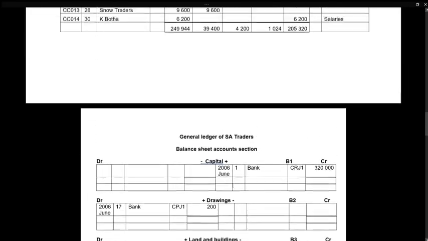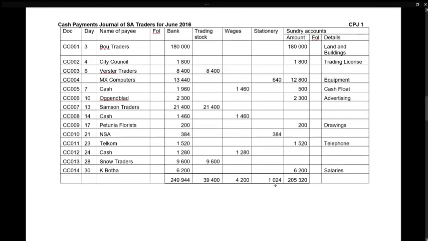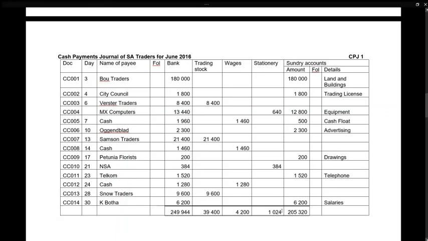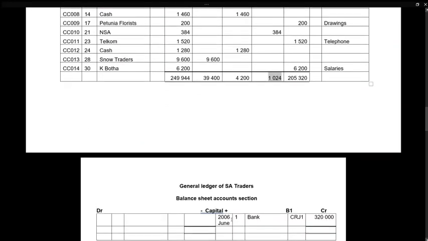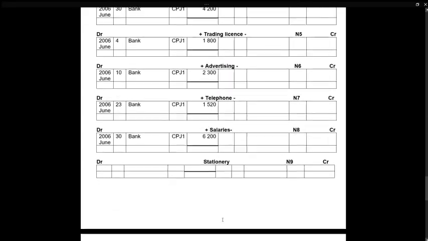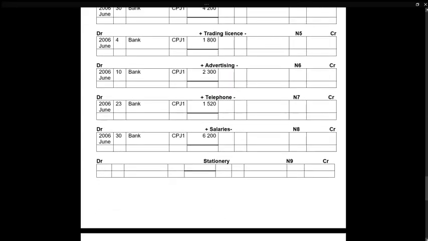Then we're just quickly going to balance in total. Stationery, total of a column, 1,024 Rand. Because it's a total of a column, we need to use the very last day of the month. So stationery is an expense account, therefore plus, minus.